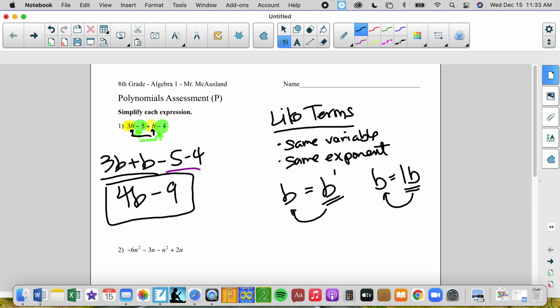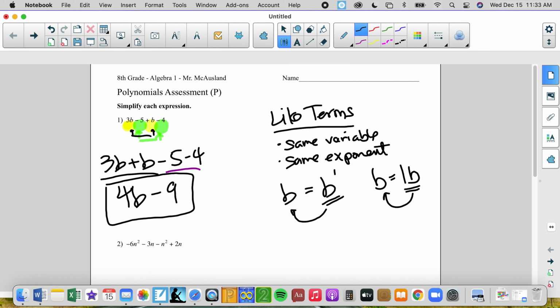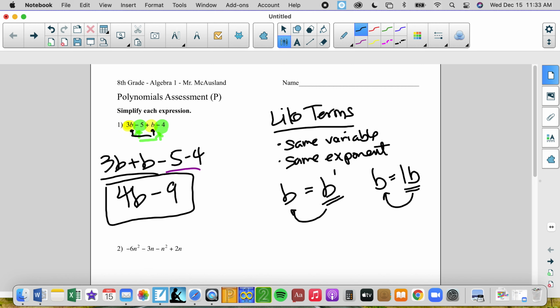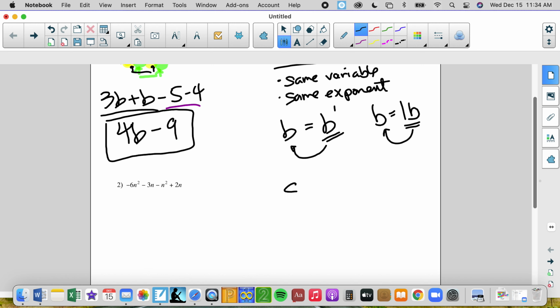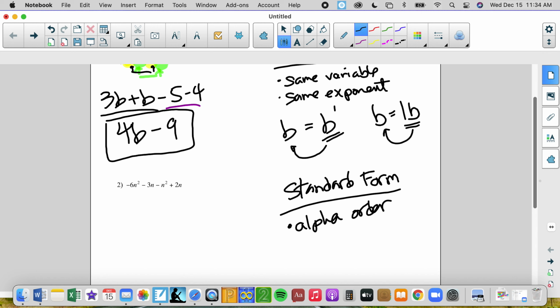Now, another thing we need to do is standard form. Our answers need to be in standard form. Standard form is alphabetical order, and constants come last.